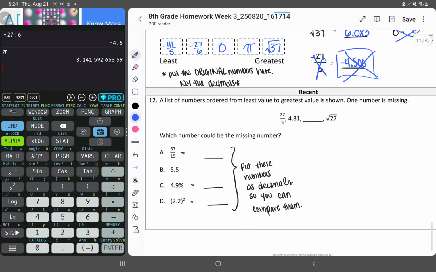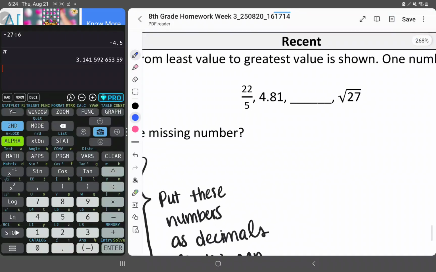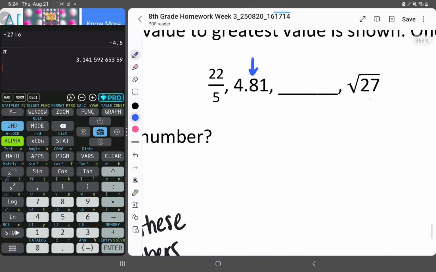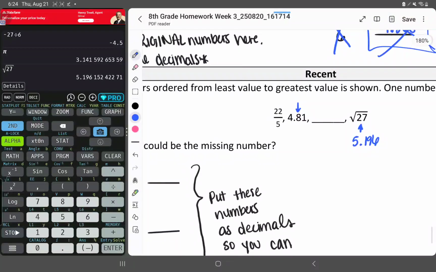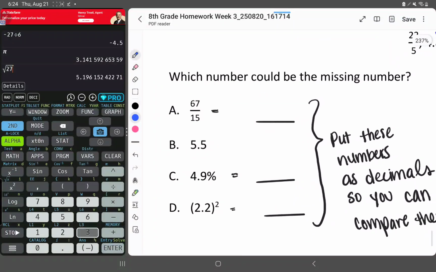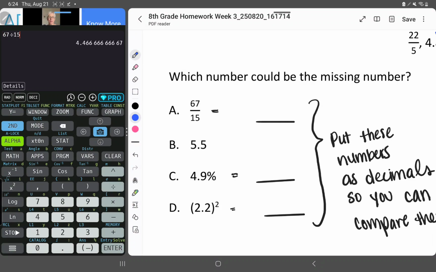Okay, this one says a list of numbers is ordered from greatest value to least. One number is missing. So what we're going to do is look for the number that is between 4.81 and the square root of 27, which gives us 5.196. So we're looking for the number that's between 4.81 and 5.196. So we're going to start with 67 over 15, which is going to give us 4.4666, and this 6 right here is going to change that 6 into a 7.